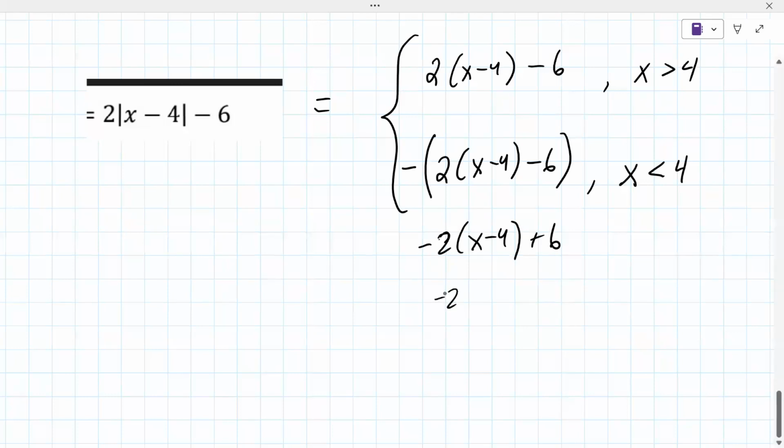You could go further: -2x +8 +6. You could simplify the other one. I don't know what you're going to be expected to do. So just consider that when you're working through this. Got it.